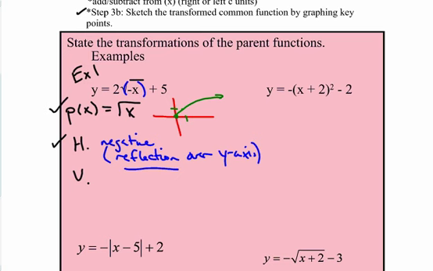We can then identify our next one, because now we'll look at our vertical. With our verticals, you see that we are adding 5. This 5 is on the outside of our parent function. It is the output. Whatever we plug into our input, we get something out, and what we see is that we're going to be adding 5, and also multiplying by 2.